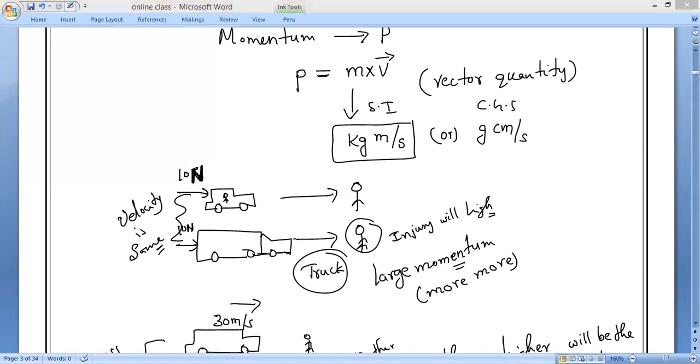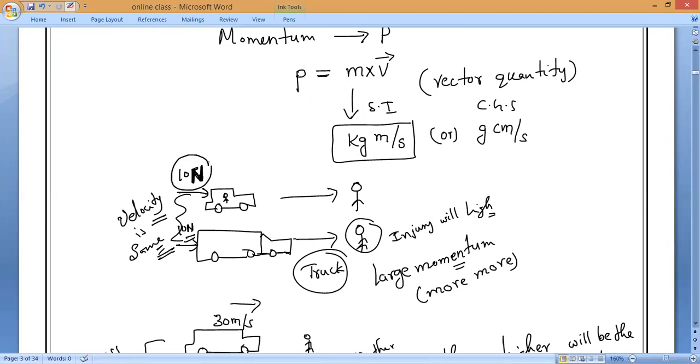If I apply the same force, who will acquire more velocity, car or truck? Yes, please respond. Suppose this is the car and this is the truck. Now I apply the same amount of force, 10 Newton and 10 Newton. Then whose velocity will be more, whose velocity will be less?